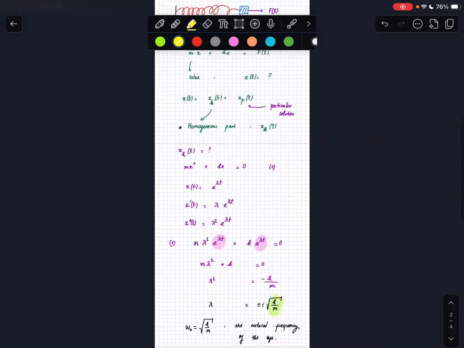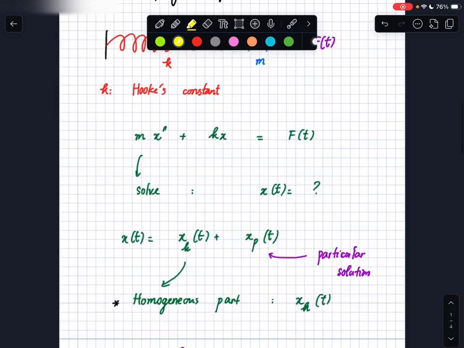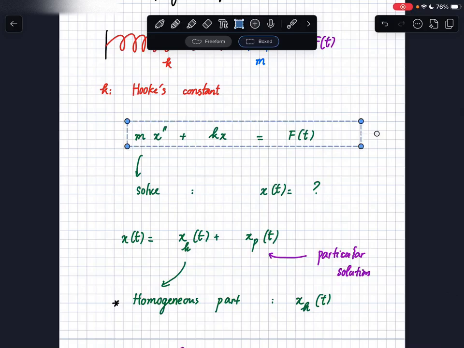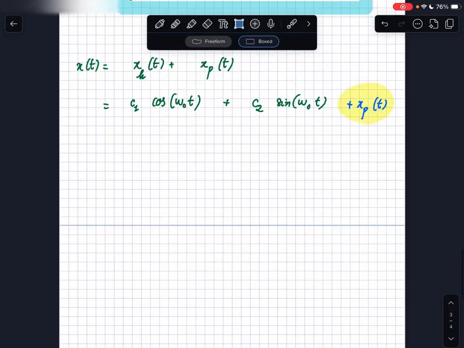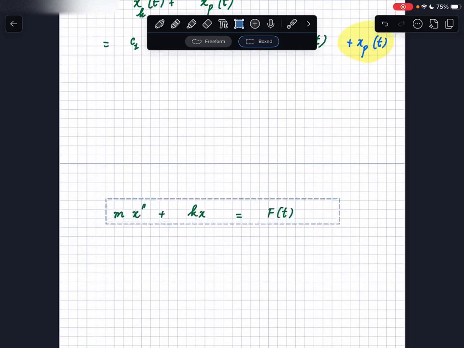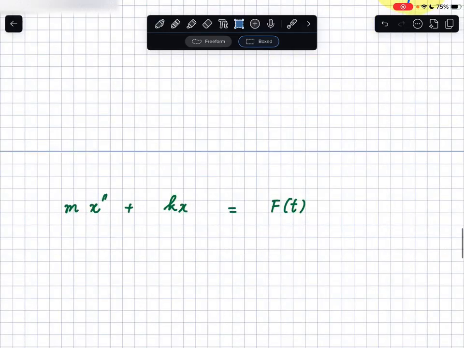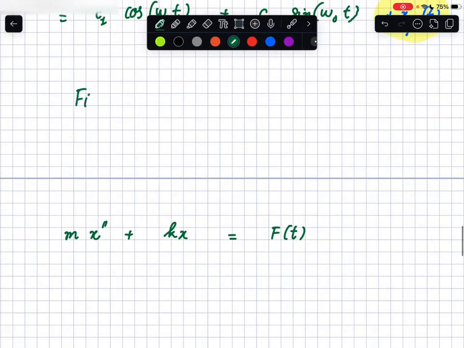So now let's look at the system. We will find the so-called steady periodic solution.